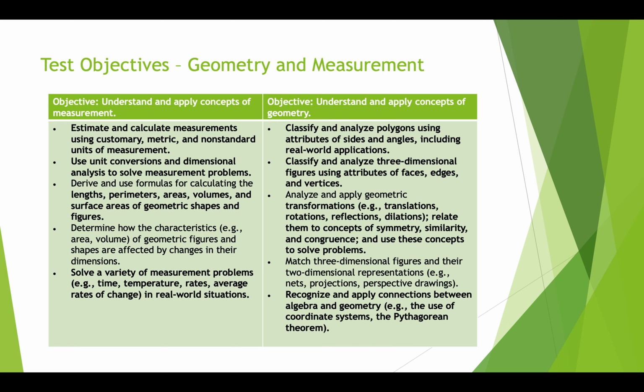Any of these vocabulary words that you need reminders on are in the Quizlet for the second session. So this kind of just gives a basic overview of the objectives that are on the MTEL.